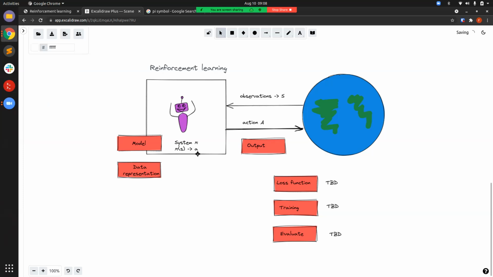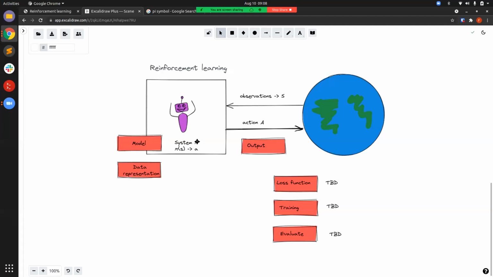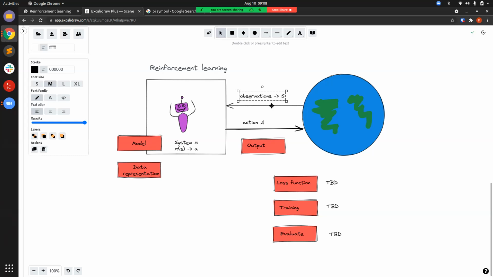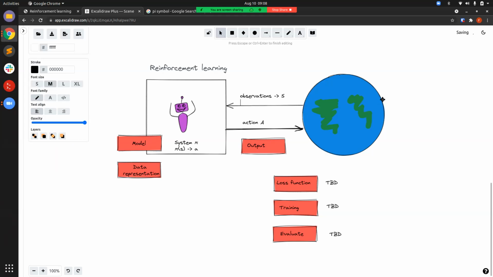And instead of, let's say, learning some function of x, it's trying to learn some mapping from its observations of the world, of its current state, to some action A that it should take in the state. Now, when it does that, it gets new information from the world. It gets its new state, and it also gets information about the reward. So depending on what action it took, it might earn some reward.